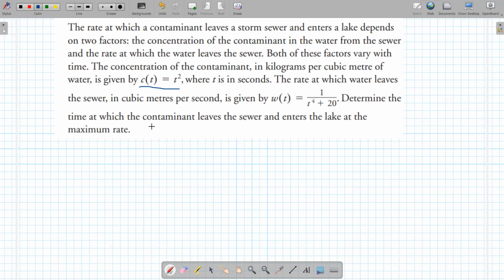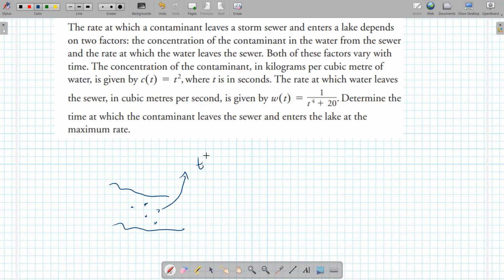Determine the time at which the contaminant leaves the sewer and enters the lake at the maximum rate. Yeah, we know we're multiplying them because this entire unit is multiplication, but what's happened here is that, what is this? This is some water. It's contaminated, okay?